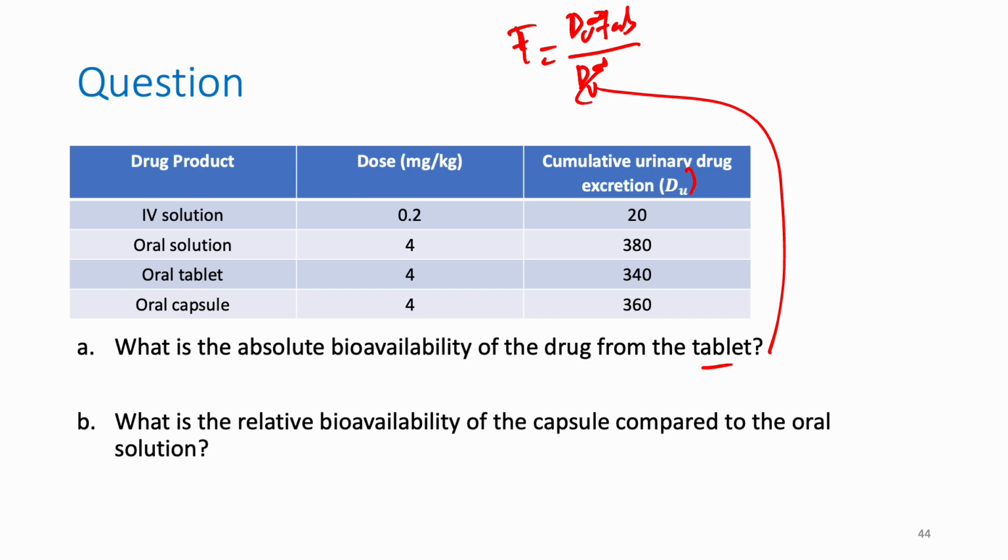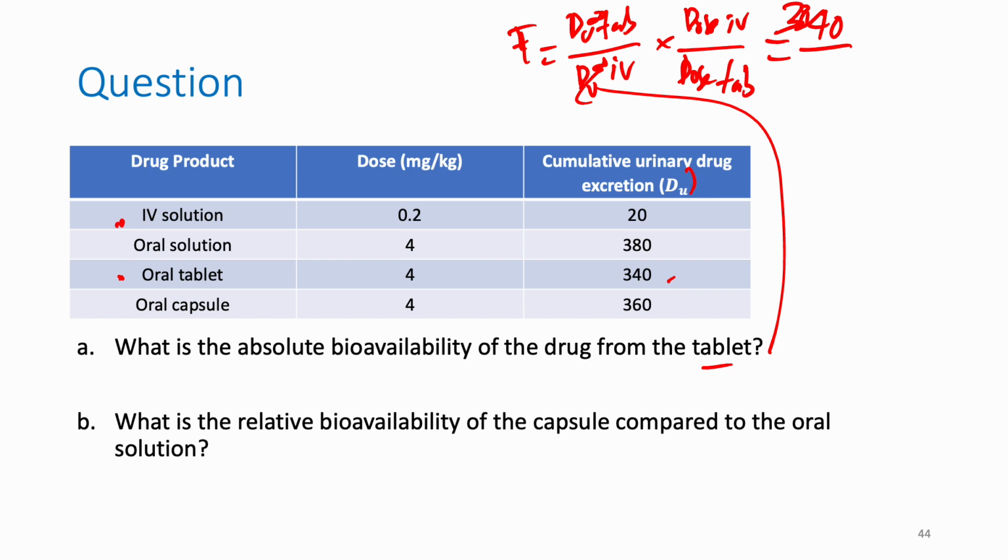Remember, for IV and tablet, you compare the absolute, so you can compare oral tablet and the IV, times the dose of IV divided by the dose of the tablet. So you have the DU tablet here, 340. We have the same unit, so I don't write a unit here.